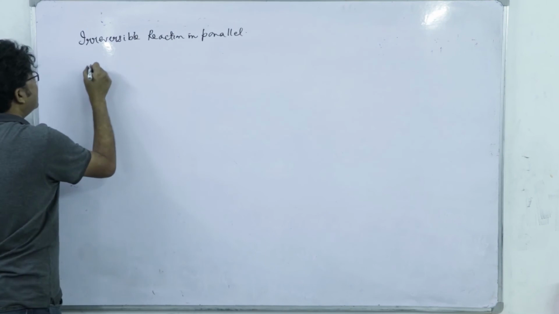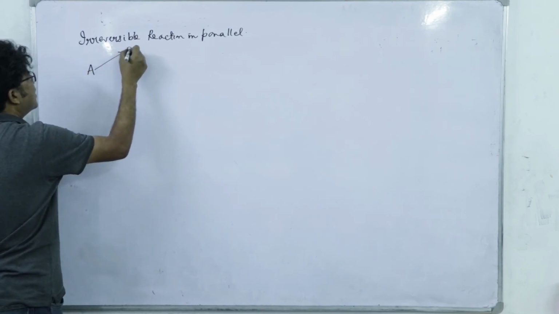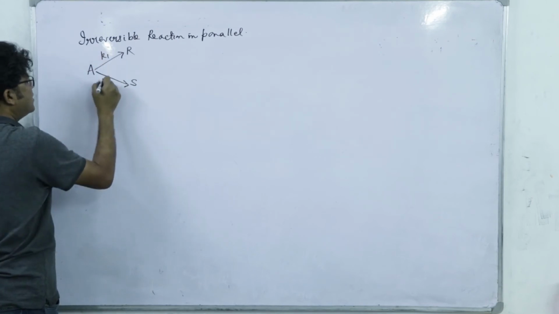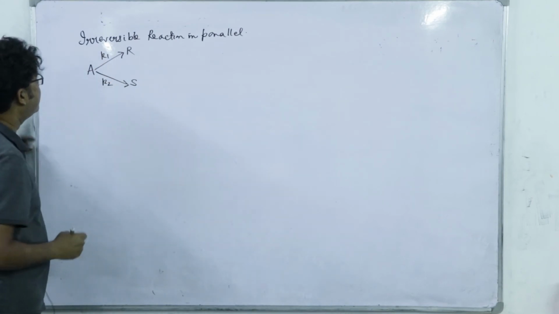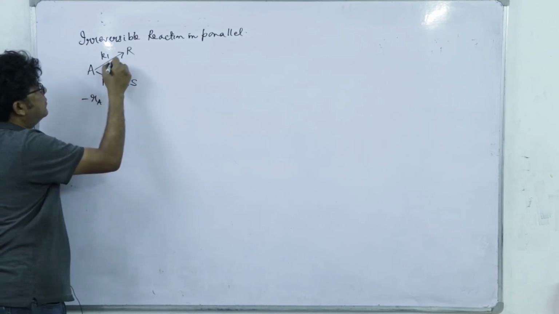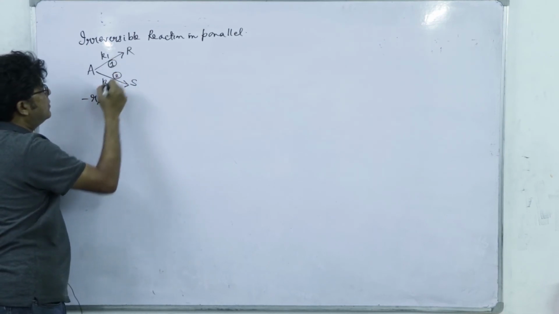Say A giving R, giving S, competitive parallel reaction. This is K1, this is K2. So you can write that minus of rA, say this is pathway 1, this is pathway 2.